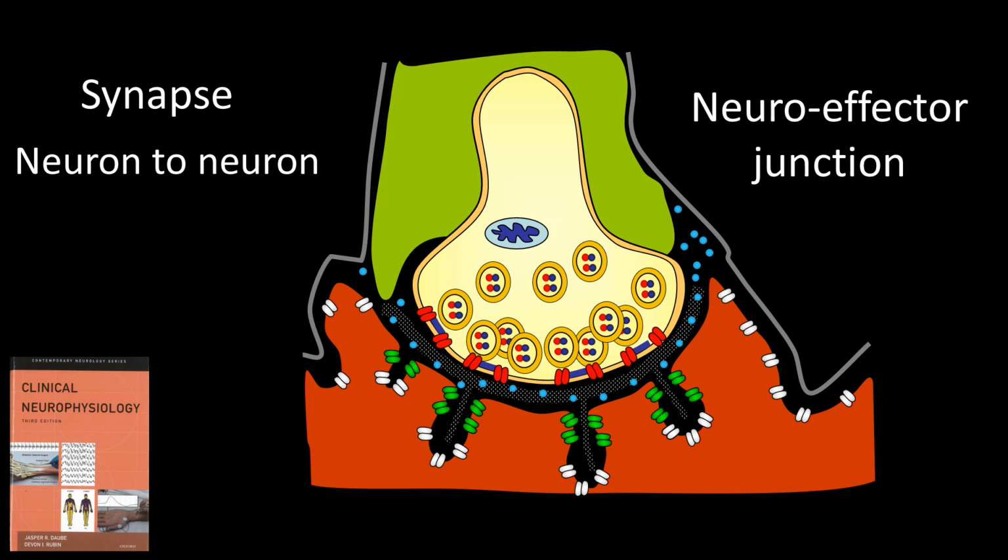So properly speaking, we should call this structure a neuroeffector junction, yet the use of presynaptic region for the neural element, synaptic region for the cleft, and postsynaptic region for the muscle element is so prevalent in the literature that we will continue to call this junction a synapse in order to sustain the regional labeling.